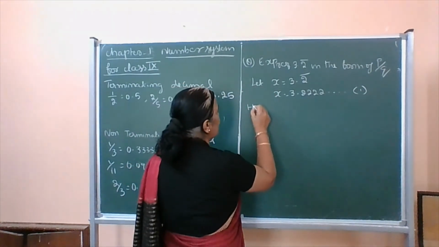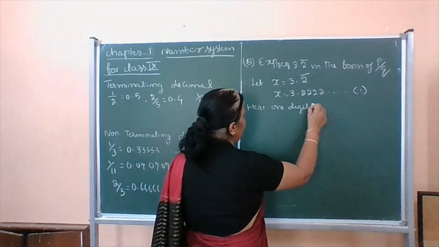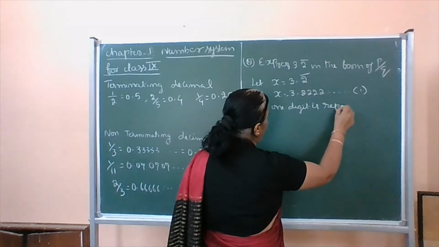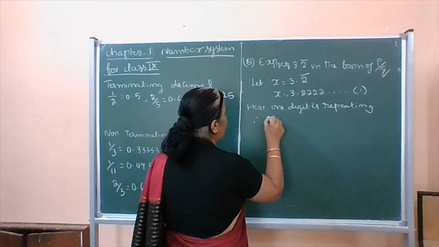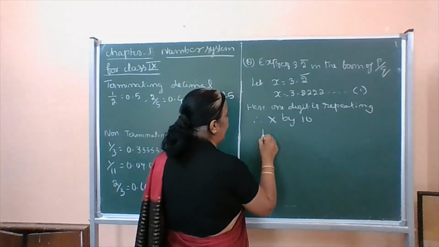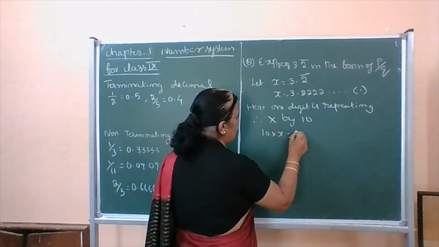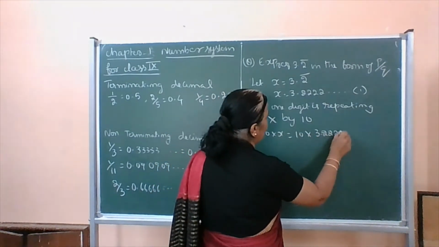Here, one digit is repeating. Therefore, multiply by 10. That is 10 into x is equal to 10 into 3.222.